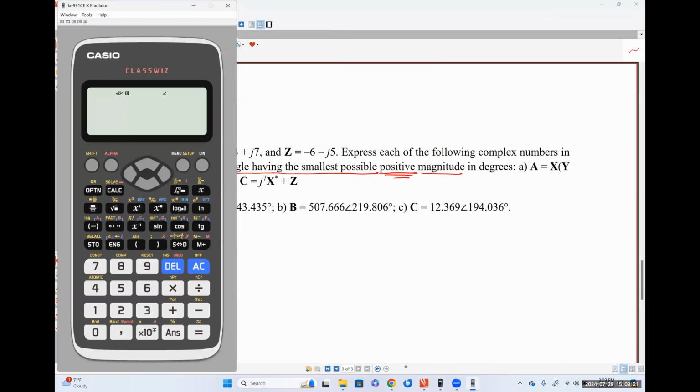So it's going to take me a moment here, but I'm going to store all those variables. The process for storing the variables in the Casio 115 is very similar.